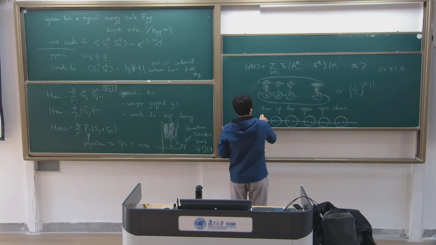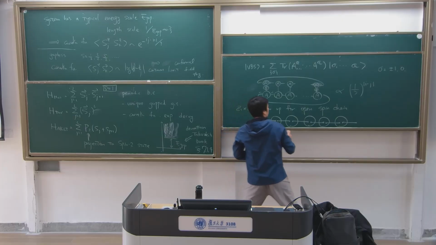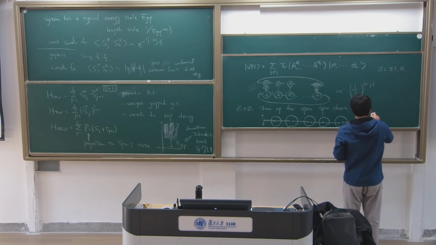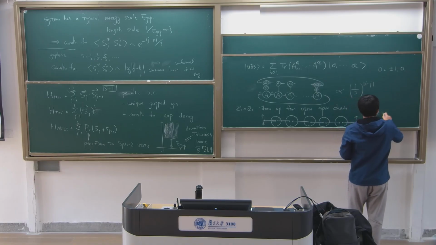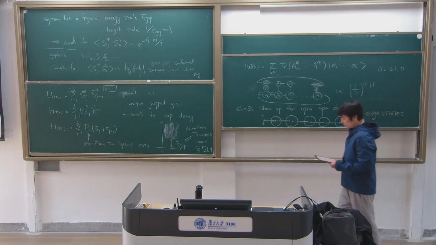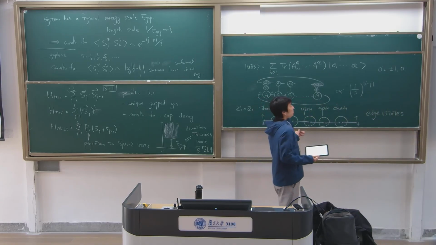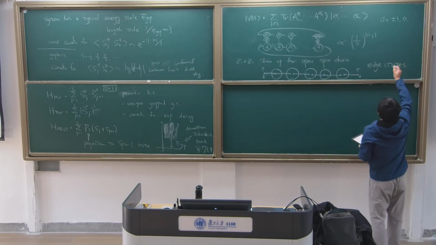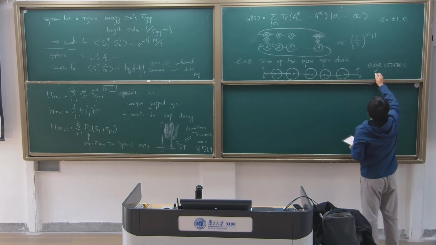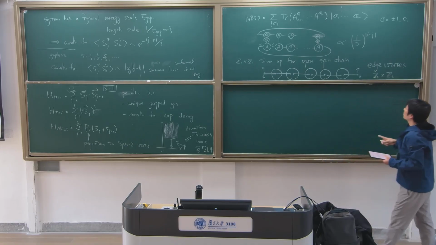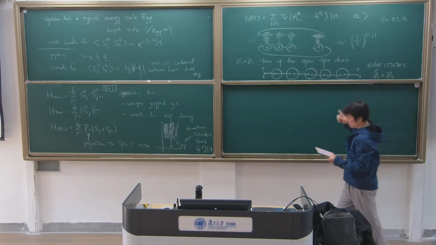So the plus minus spin, this edge mode, edge state will show. So that is the freedom with Z2 times Z2. The spin up and spin down correspond to Z2.